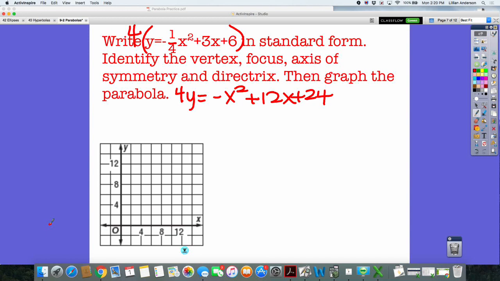You want to make sure that only your squared term and its variable, whether y or x is being squared, are on the same side alone. So what do we need to do with this 24? Subtract it over. So that's 4y minus 24 equals negative x squared plus 12x.